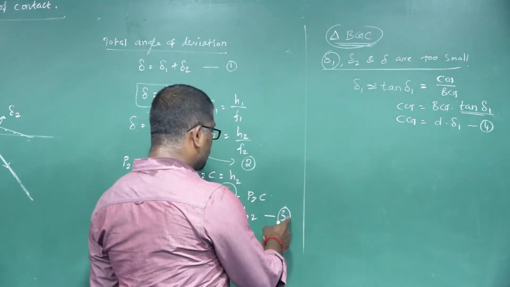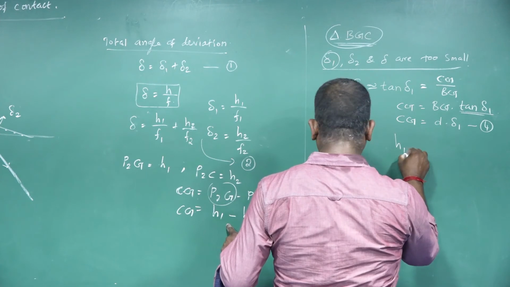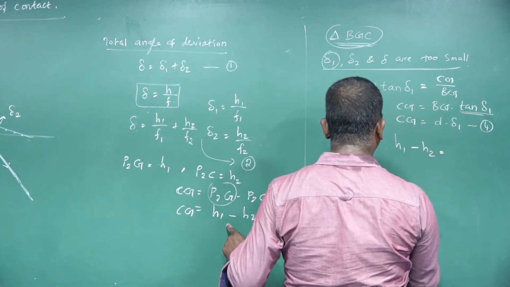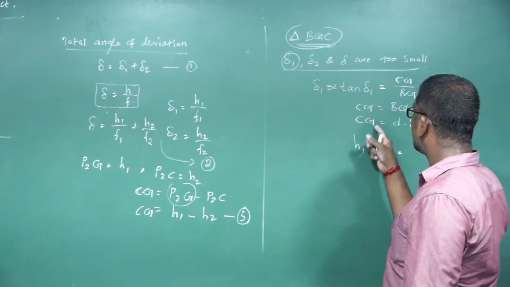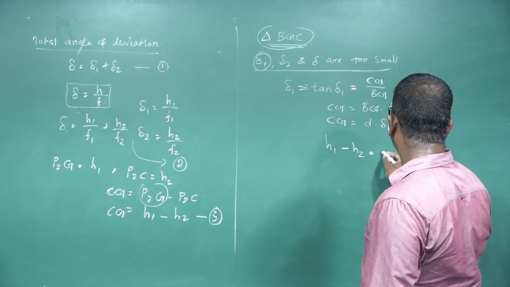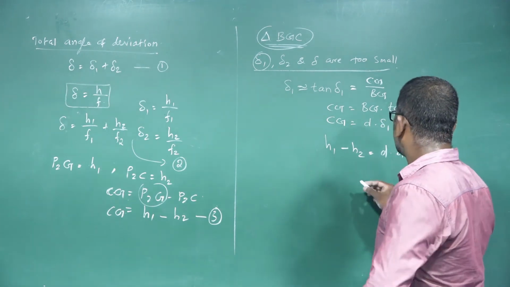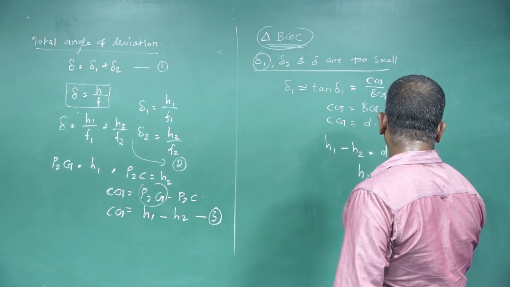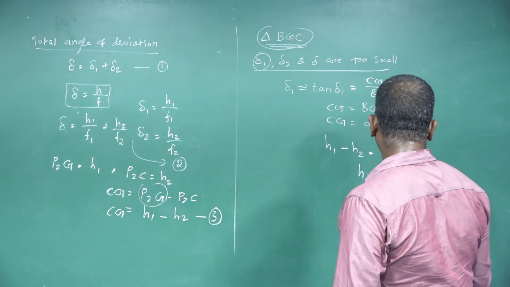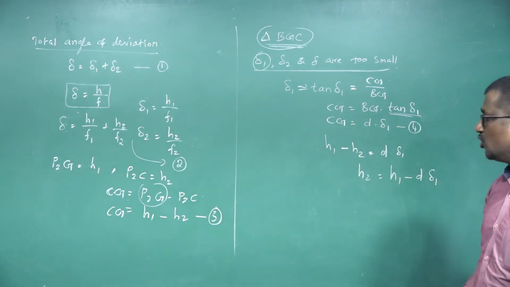So H1 minus H2 is equal to D into del 1. Therefore, H2 is equal to H1 minus D into del 1.